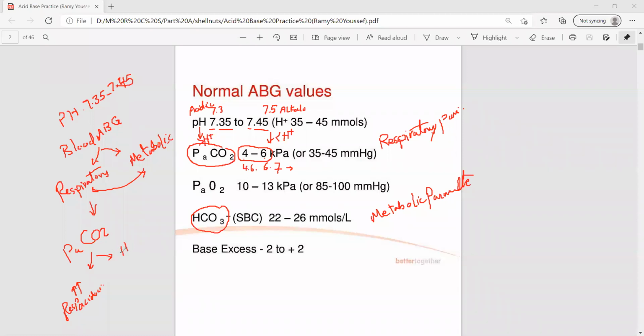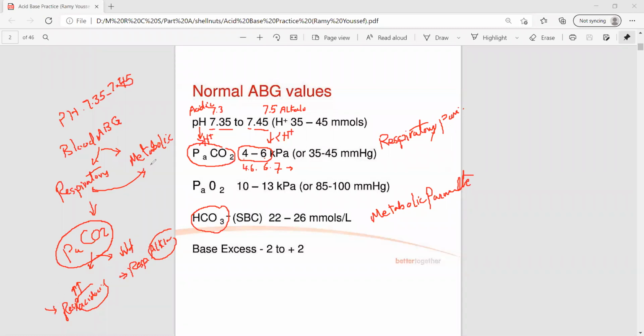If I have less CO2, I have an alkalotic condition, which is respiratory alkalosis. So CO2 tells me whether this is acidosis or alkalosis, but according to a respiratory cause.